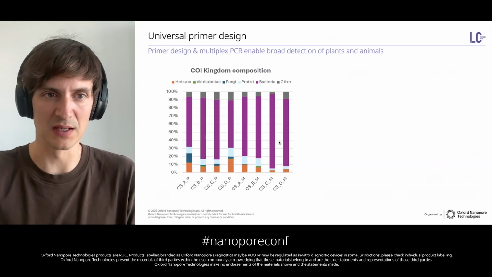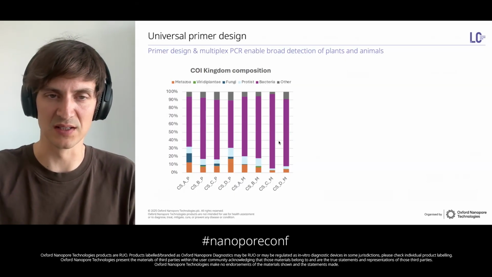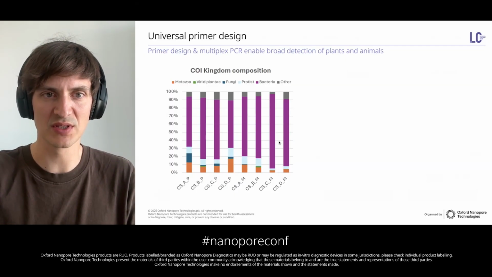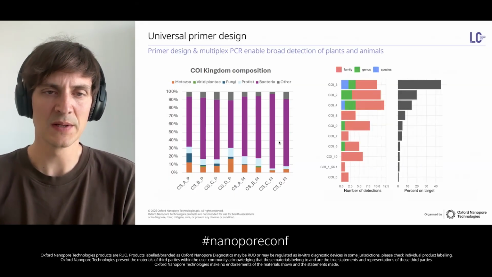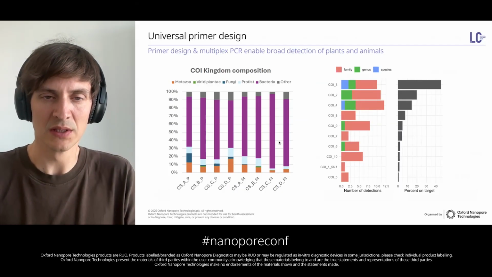It is known that a big problem with that is that it amplifies a lot of bacterial reads. And so in the end, the information that you get is limited. So we tried to optimize these primers to increase specificity and still remain with the same sensitivity.